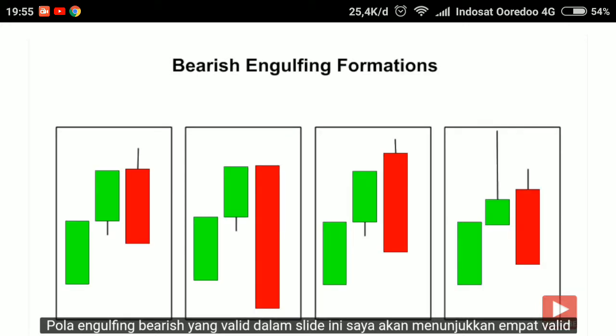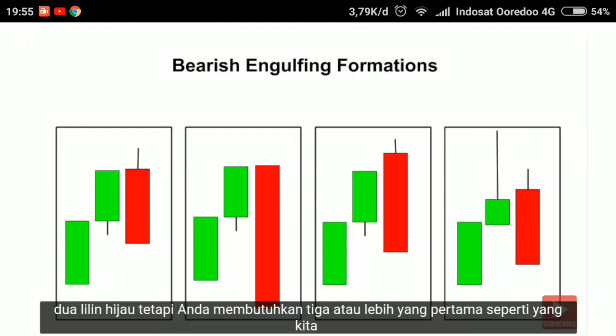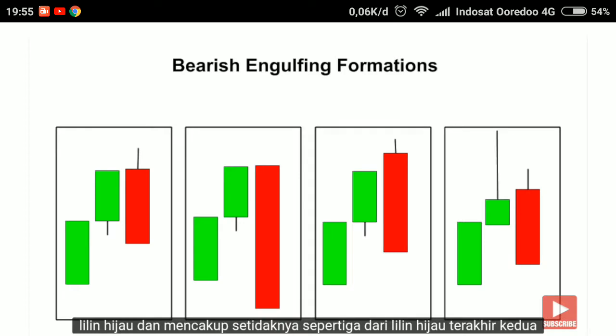In this slide, I will show you 4 valid bearish engulfing formations. Keep in mind that in each example there are only 2 green candles, but you need 3 or more. The first one is like the one we just saw in the previous slide. So the red candle completely covers the last green candle, and it covers at least 1/3 of the second last green candle.